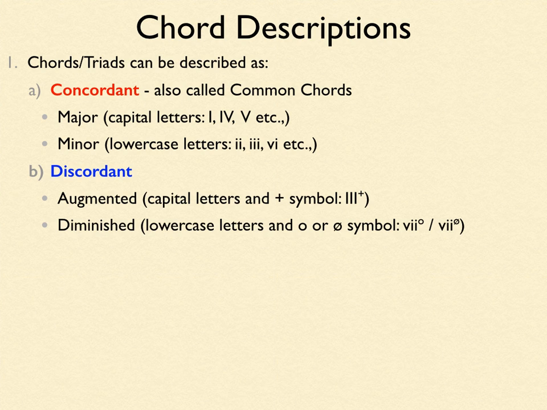So augmented chords and diminished chords are both types of discordant chords. They're chords that have a bit of dissonance in them. They don't sound as complete as major or minor chords, so they're not used as frequently as concordant chords, especially augmented chords. In fact, augmented chords are very rarely used. You will be coming across diminished chords quite often, actually, on the supertonic and the leading note, especially in minor keys.